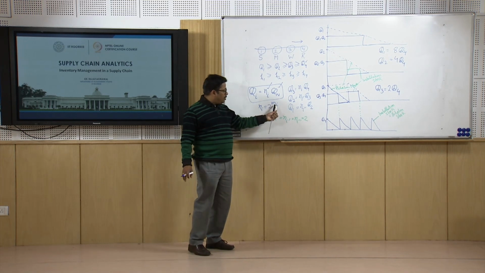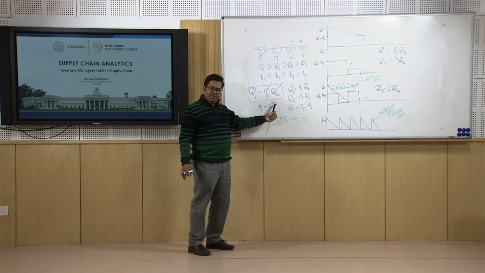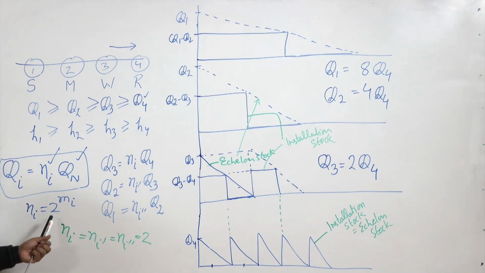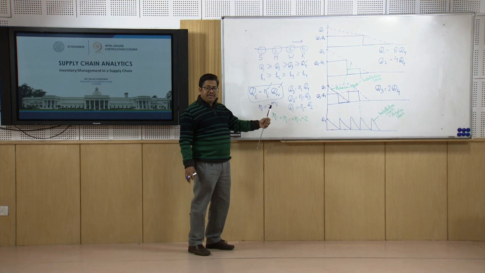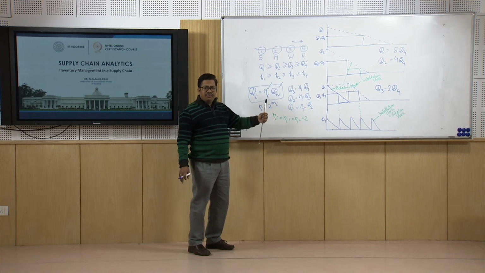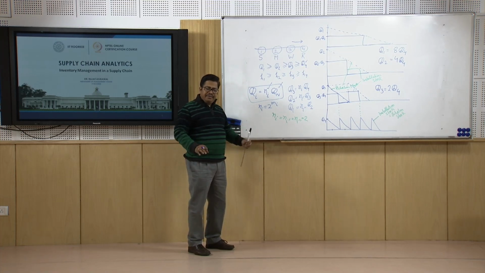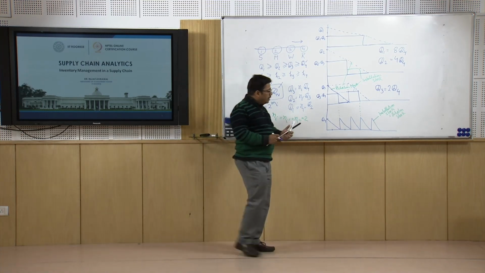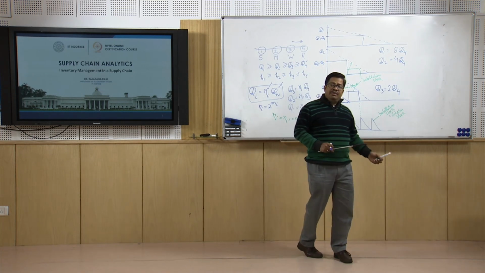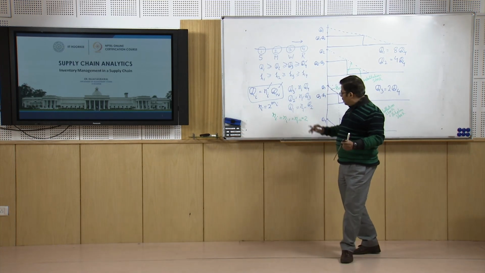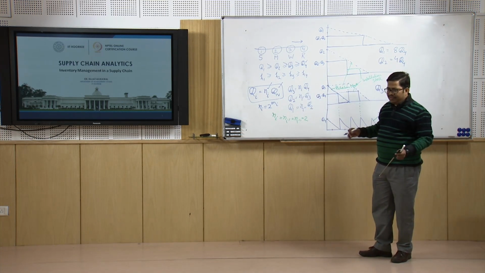If Mi is 0, 2 to the power 0 is 1, then 2 to the power 1 is 2, 2 to the power 2 is 4, 2 to the power 3 is 8. So only these values, 1, 2, 4, 8, will be there, and that will make our life very simpler, and therefore this type of analysis will be possible to handle the supply chain more effectively.